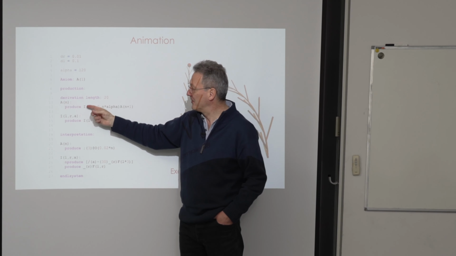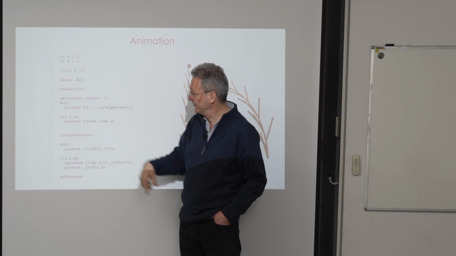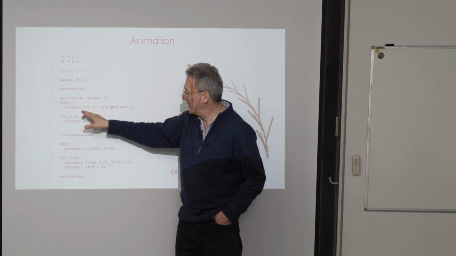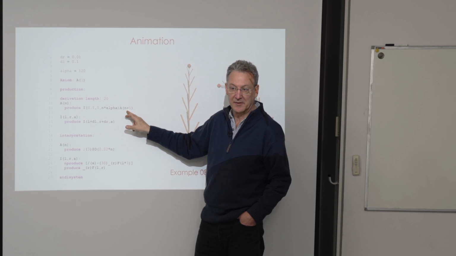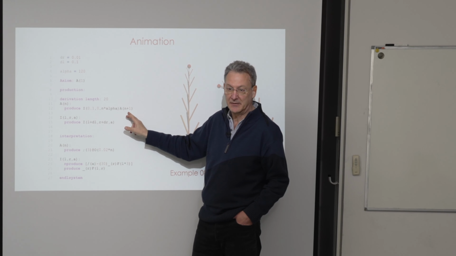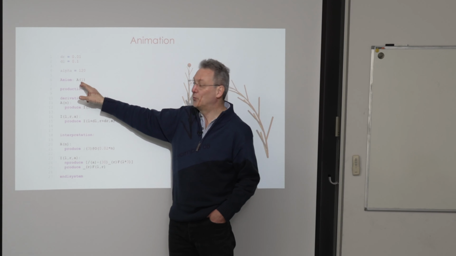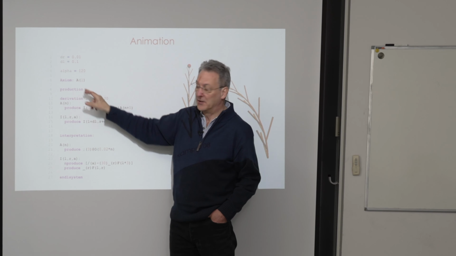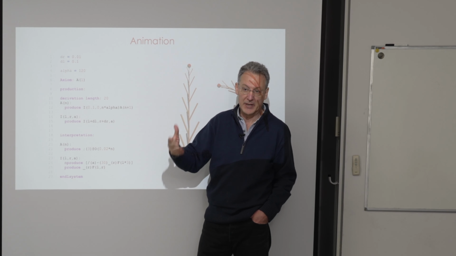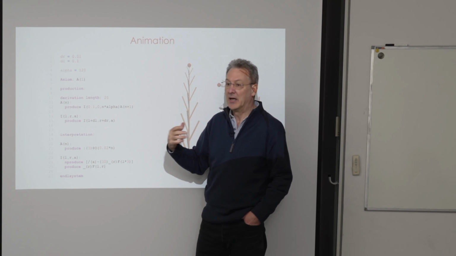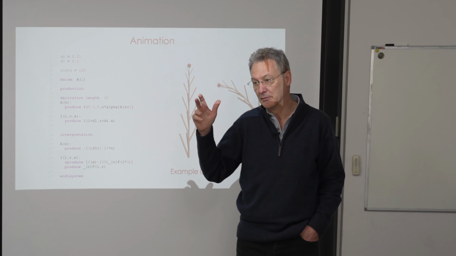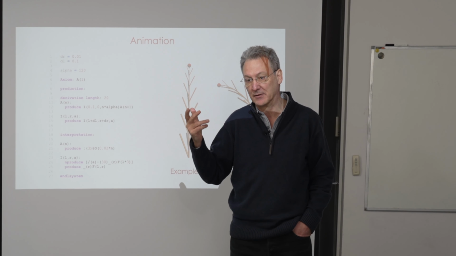So I need to use a production rule, and the production rule says basically that an apex will be transformed into an apex. Now you see that this transformation goes with the increment of n, and n started with the value 1. So each time I apply the derivation, n will augment by 1 unit. This would correspond to a certain notion of age of the apex.